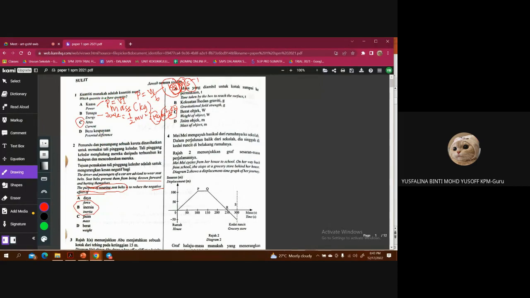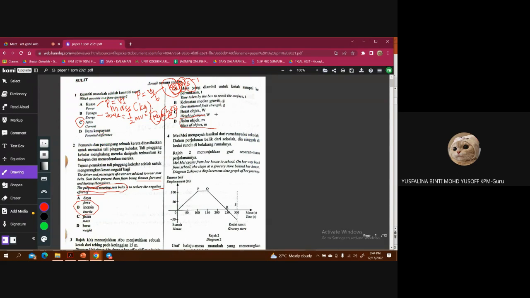The mass of the object is the same. Let's say if I go to Pluto, to Mercury, to the moon, or to another planet, my mass is the same. The mass is not changing. The one that changes is the weight, because weight is influenced by gravity.